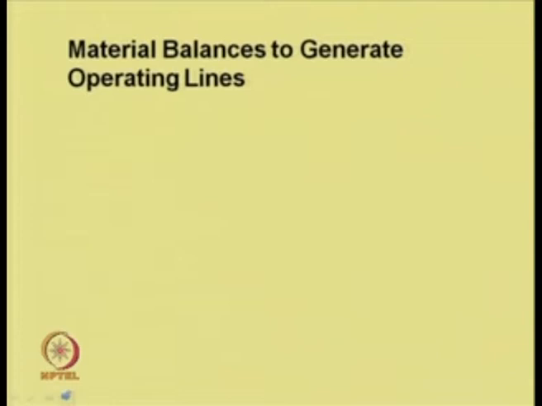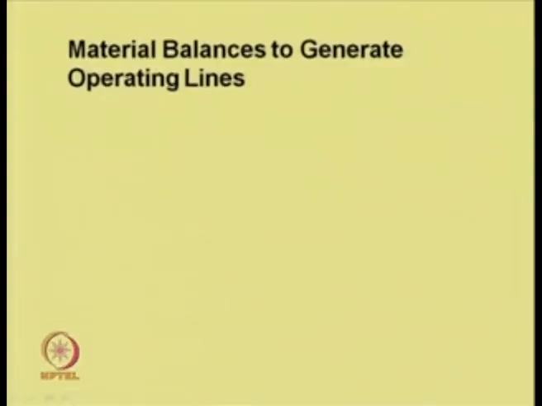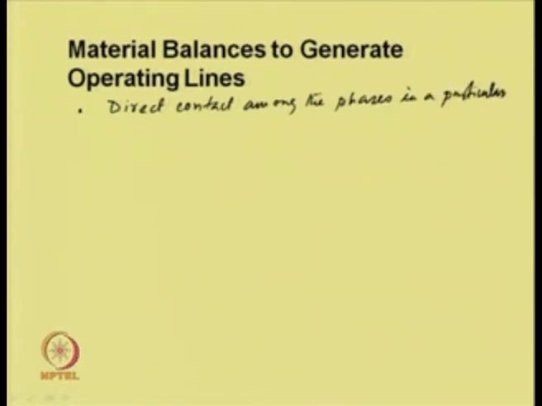So, now we will discuss the material balances to generate operating lines. In general, when two phases are in contact, they are in direct contact among the phases in a particular equipment.